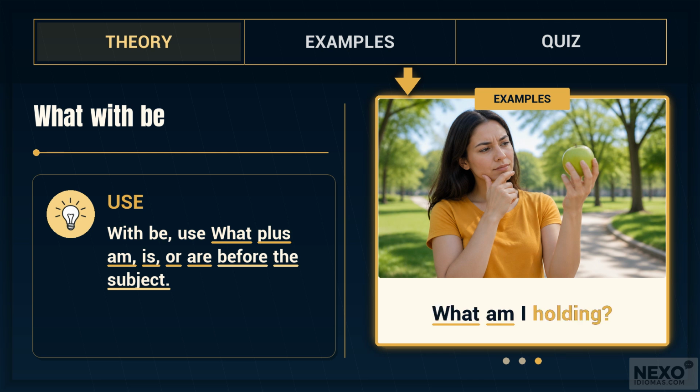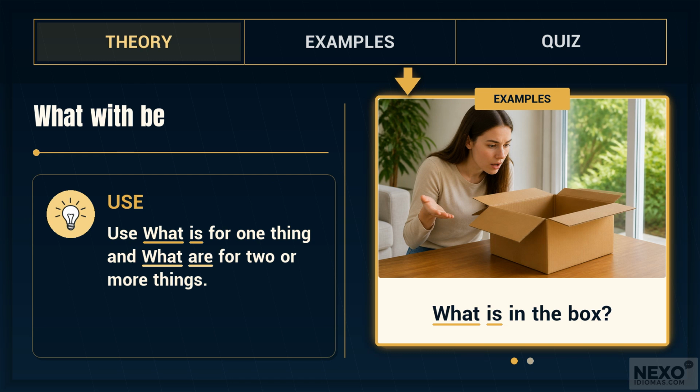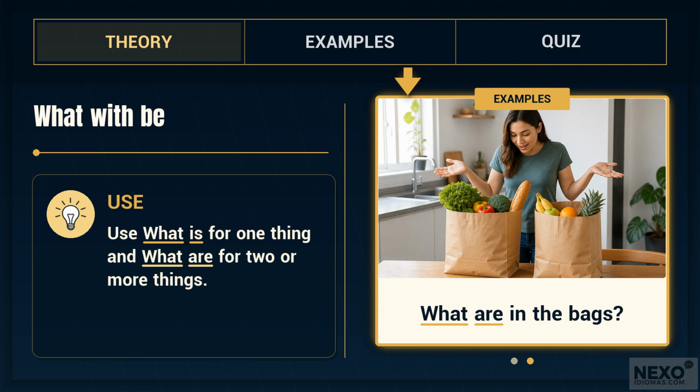What am I holding? Use what is for one thing and what are for two or more things. Example. What is in the box? Example. What are in the bags?